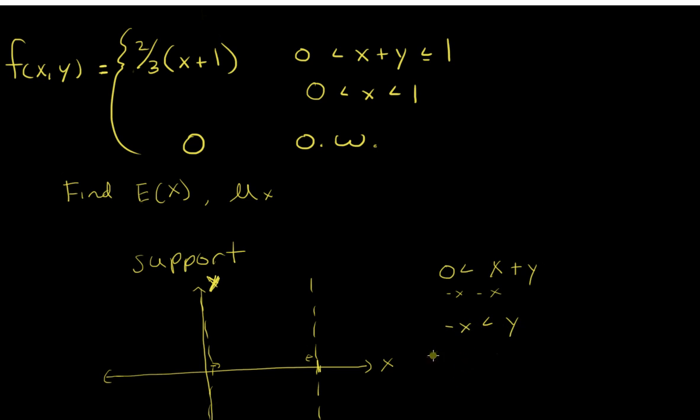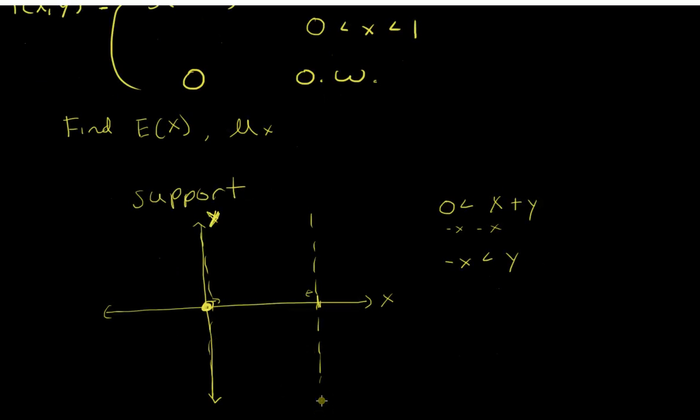If I graph y equals negative x, that goes through the origin, and when y is negative 1, then x would be positive 1. So it looks like this. This is y equals negative x. Y is greater than that, so when shading, I should shade above this in the y direction.